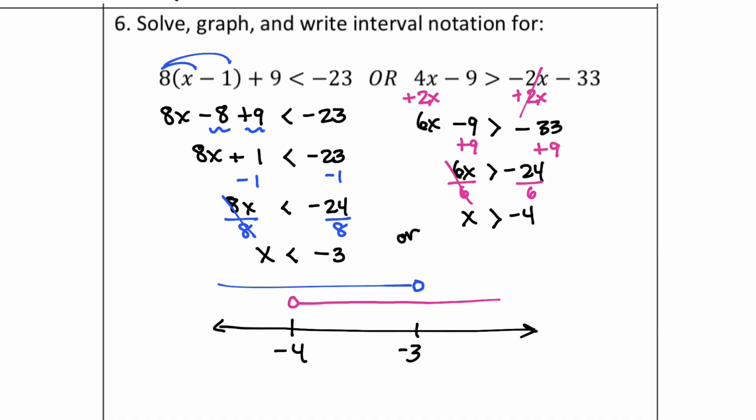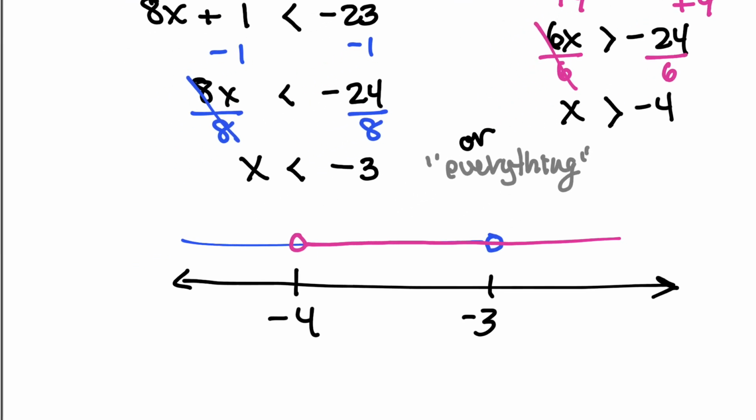Okay. I have an or this time. So because I have an or, it's everything in both of them. So I want all of the blue one and all of the pink one. If I were to take the blue one, put it on top of the pink one, I'm going to zoom in so you can see it.